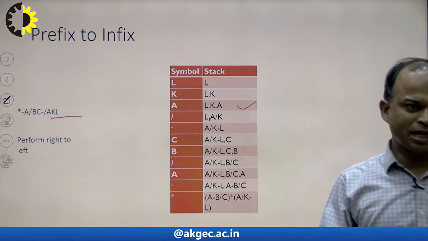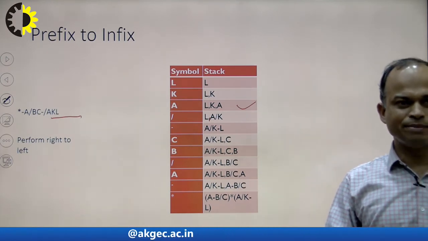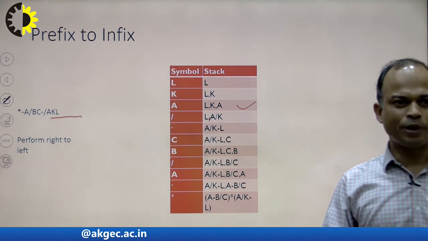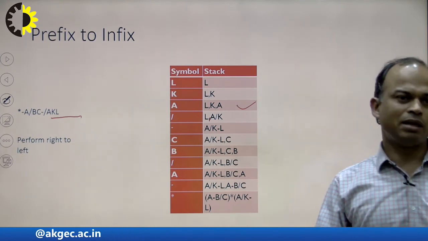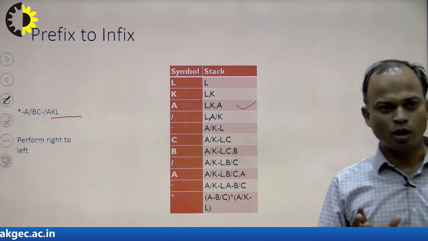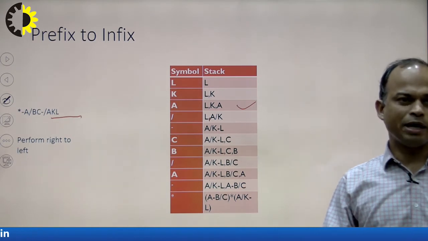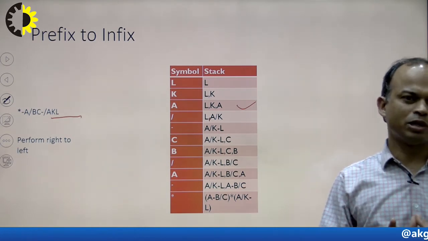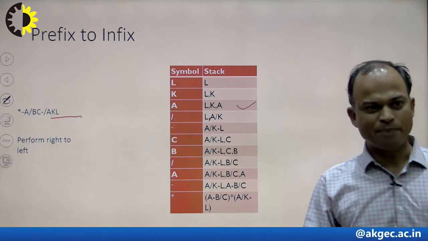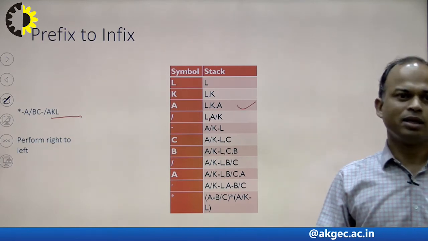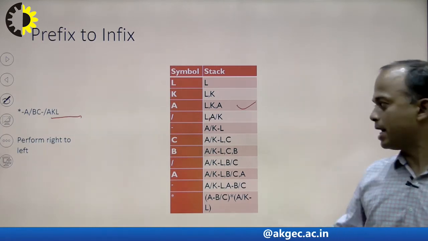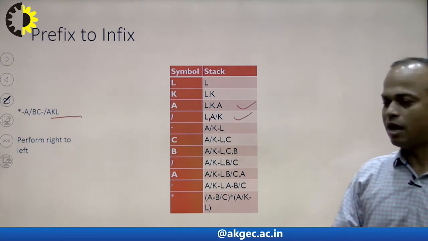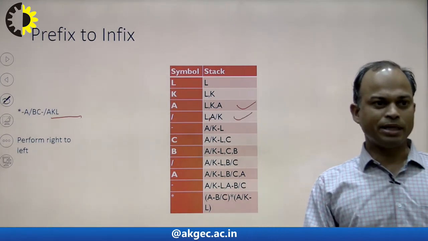After that we have the divide symbol. Now we have to apply this divide onto the last two symbols, and then we get A divided by K.